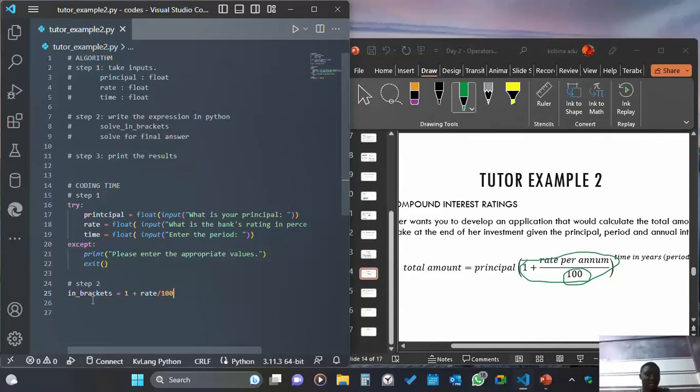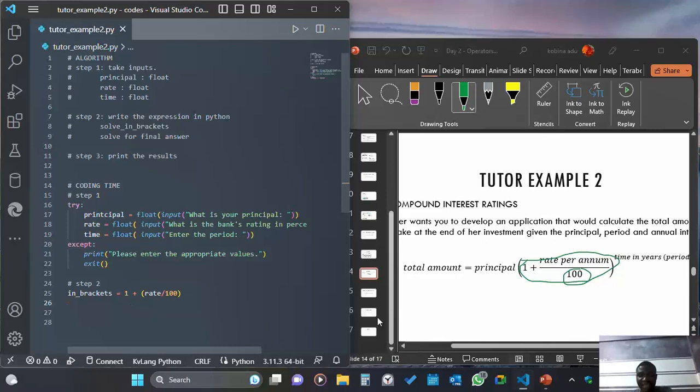Now if you are confused whether the computer is going to do the division and add 1 to it, or add rate plus 1 and do the division, you can put brackets around them. Okay, so you say, computer, do rate divided by 100 first, then after that add it to 1. It still doesn't spoil anything, it just sometimes makes you feel sure and certain.